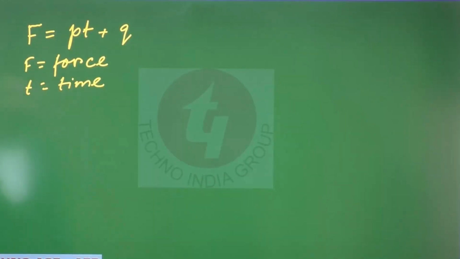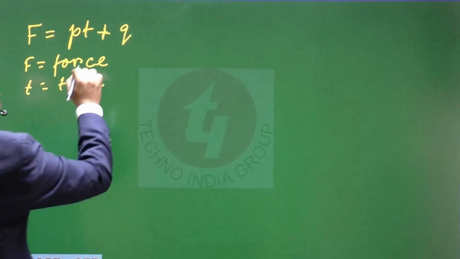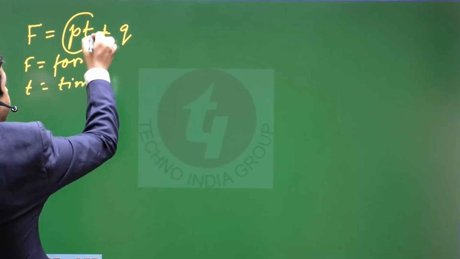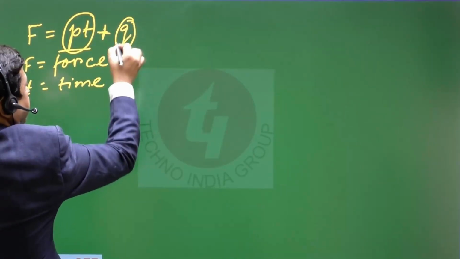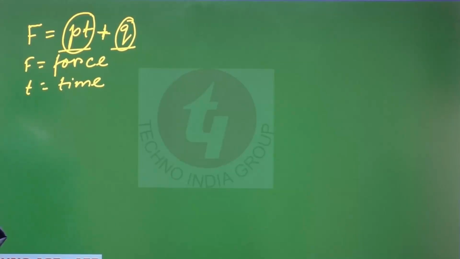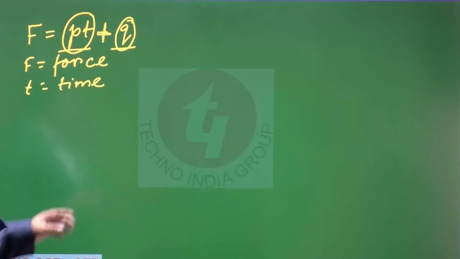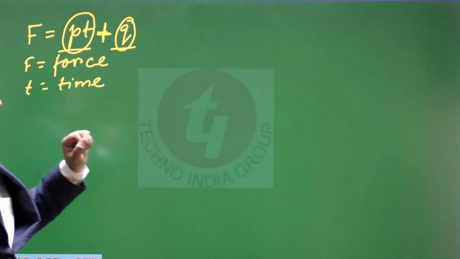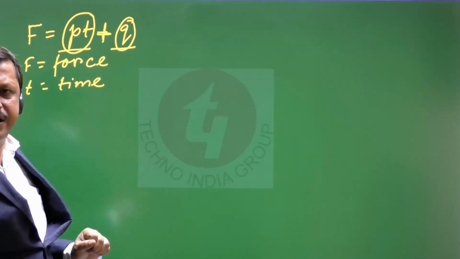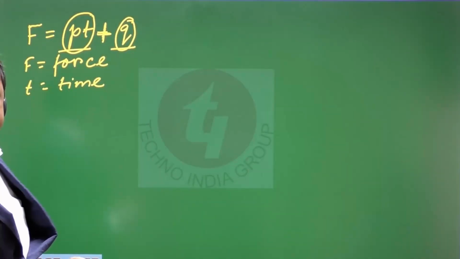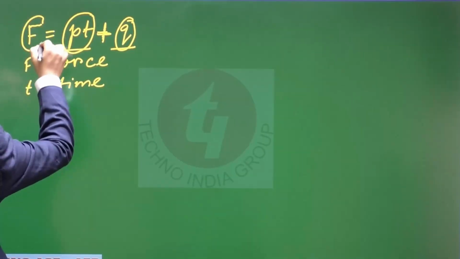Here there is a plus, so this term and this term must have the same dimension, because if you add these two terms, there is the same unit of PT and Q, right? 10 kg plus 20 kg, and the result is 30 kg. 30 kg means this is force, right?